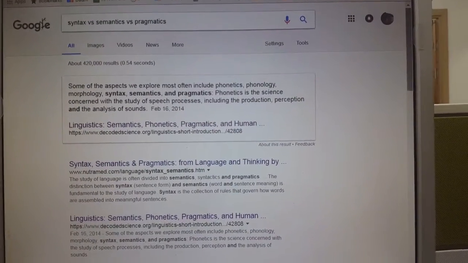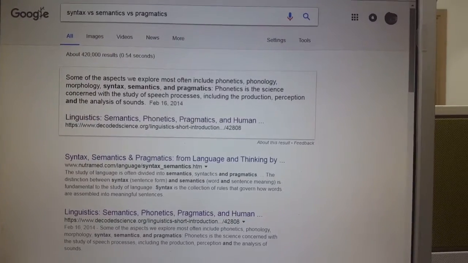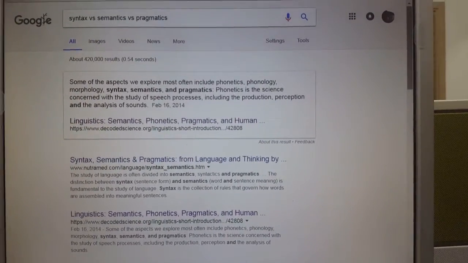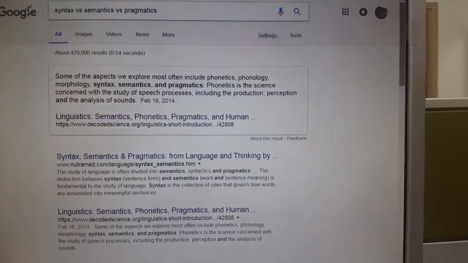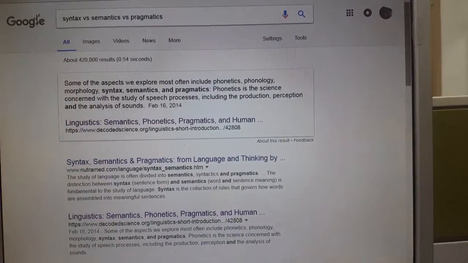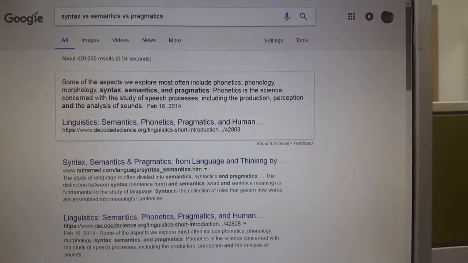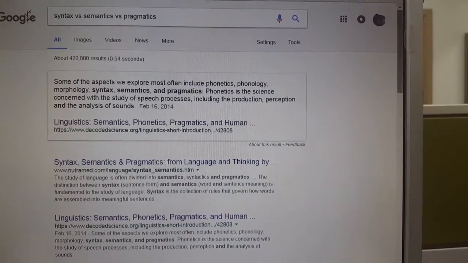Without delving too deep into linguistics, it's important that you have at least a peripheral understanding of these three terms right here: syntax or structure, semantics, meaning, and pragmatics, use.